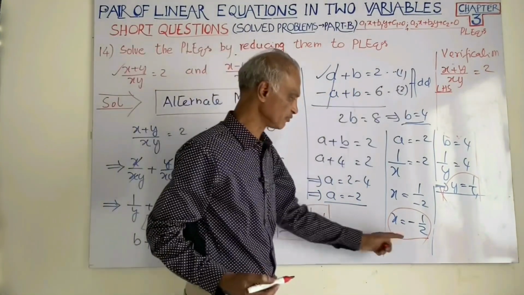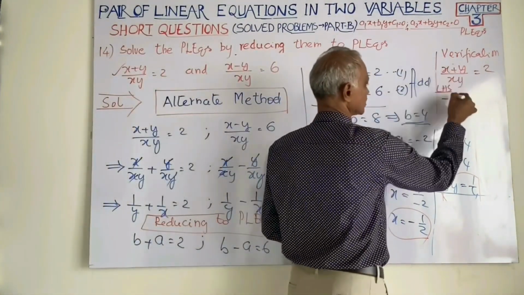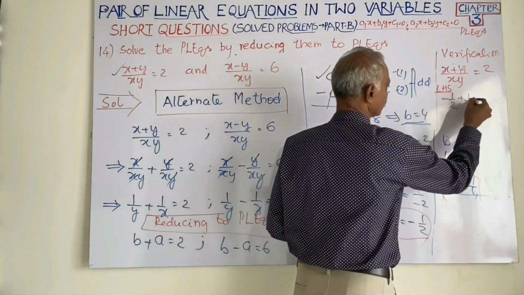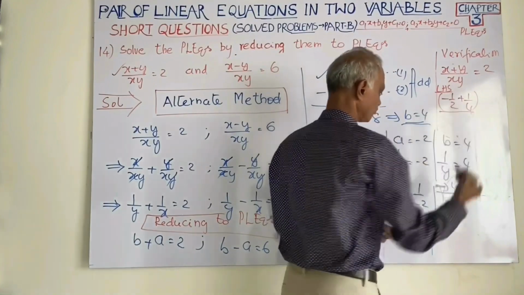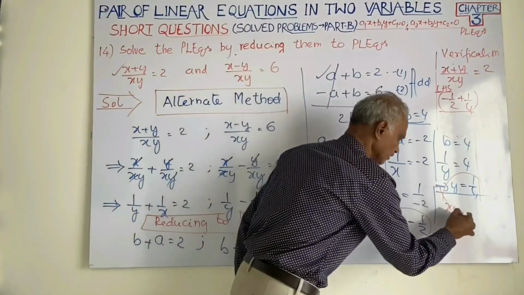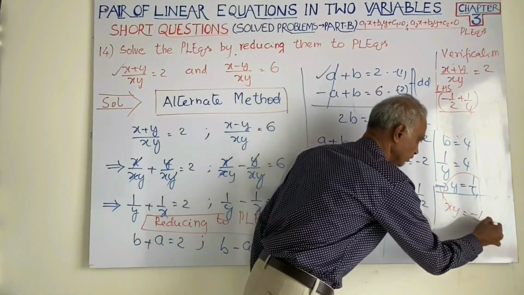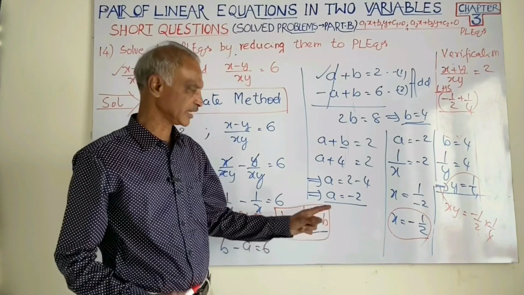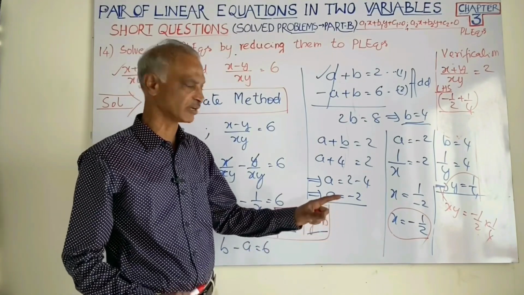What is the value of x here? I have taken LHS, minus 1 by 2. And what is y here? 1 by 4. And what is xy? You multiply x with y. xy is equal to minus 1 by 2 into 1 by 4, where x is equal to minus 1 by 2 and y is equal to 1 by 4.